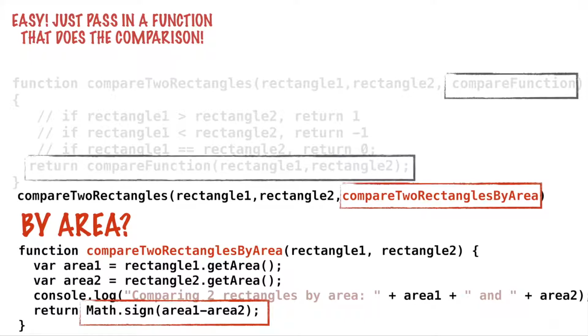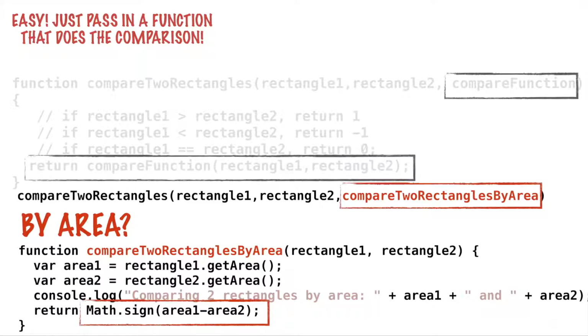Remember, we've spoken about what the compare function returns. Math.sign returns -1 for a negative number, +1 for a positive number, and 0 if the numbers are equal.